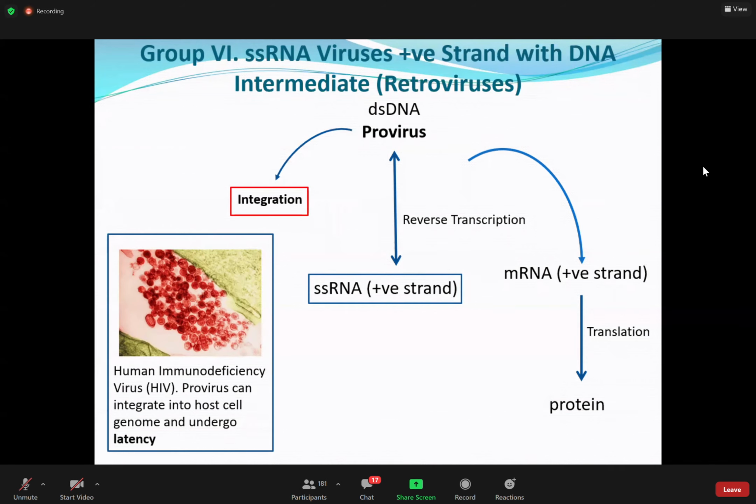So you have a double-stranded DNA now. And this is called a provirus because this provirus can then integrate into the genome and then be part of the genetic information of the cell, switch itself off so you don't induce an immune response, and later on the virus can kickstart itself and start replicating again.